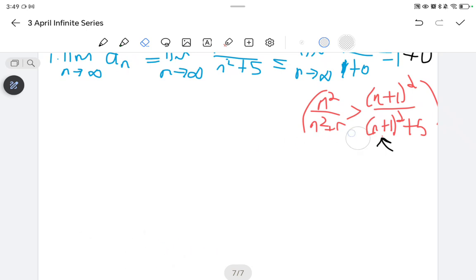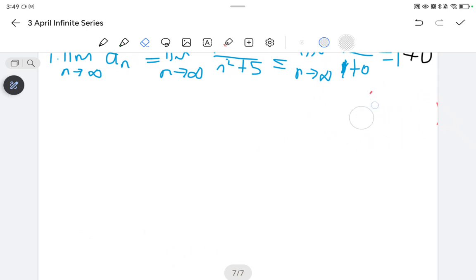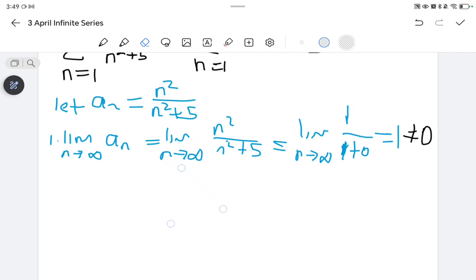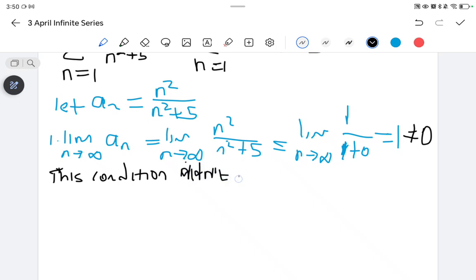That one is not equal to 0. It should be equal to 0 for it to satisfy, right? So if it's not equal to 0, what does that mean? Now I can say that this condition isn't met.